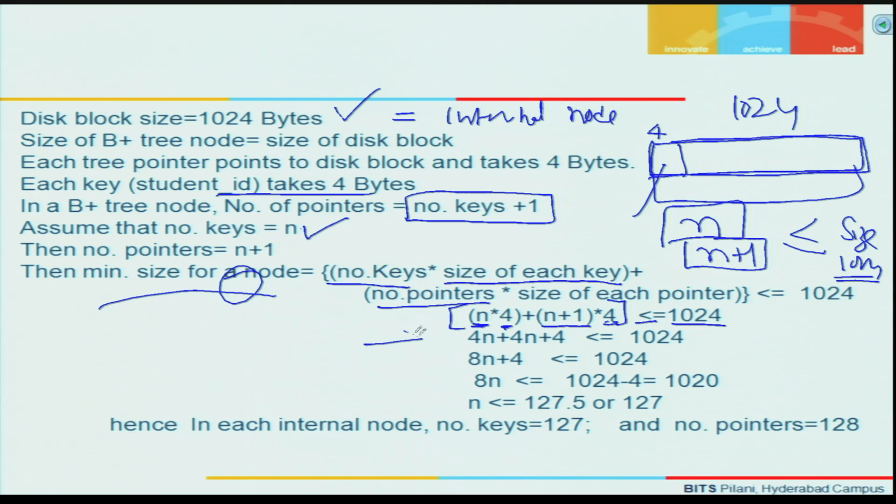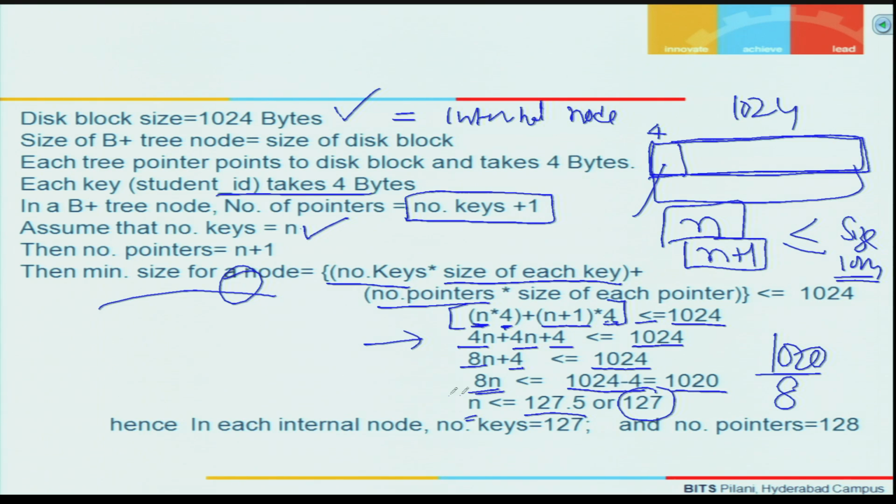If you solve this equation, 4n plus 4n plus 4 must be less than or equal to 1024. So 8n plus 4 must be less than or equal to 1024, and 8n must be less than or equal to 1024 minus 4, which is 1020. So n must be less than or equal to 1020 divided by 8, which is 127.5, or it can be treated as 127.